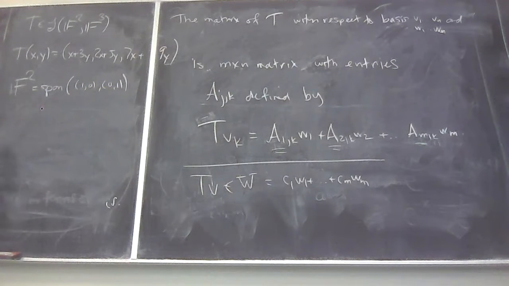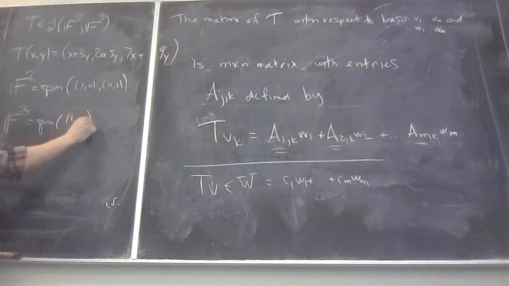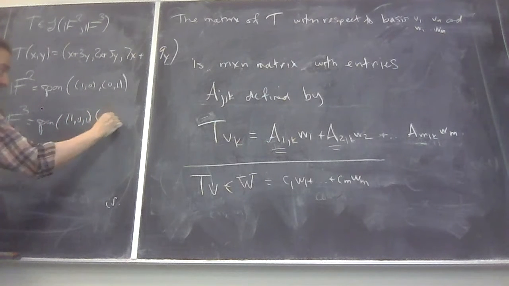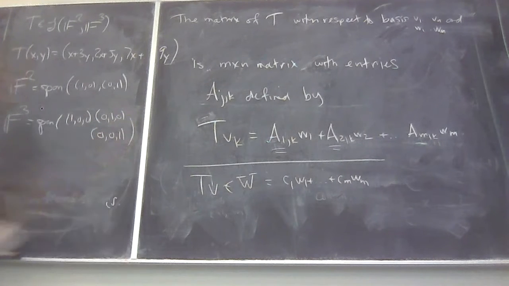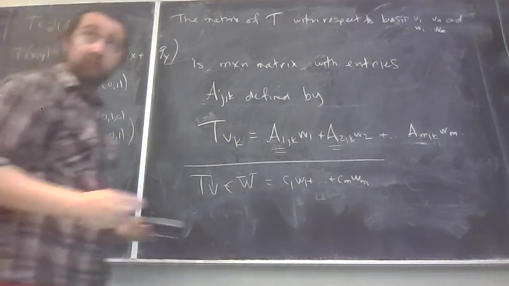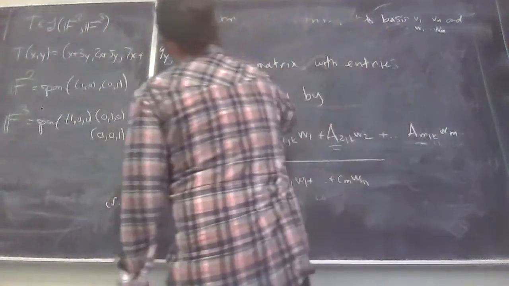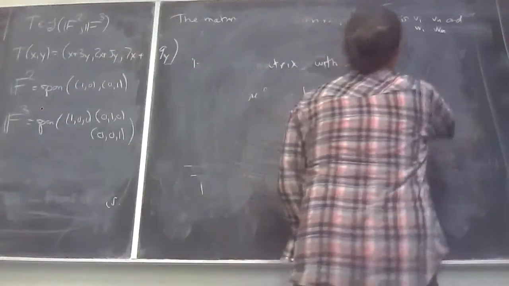What's a good basis for F3? (1, 0, 0), (0, 1, 0), (0, 0, 1). I can't do anything unless I've got bases fixed before I start. So I fix a couple of bases: a basis for the input space, a basis for the output space. Does that make sense so far? Okay. How do I compute?